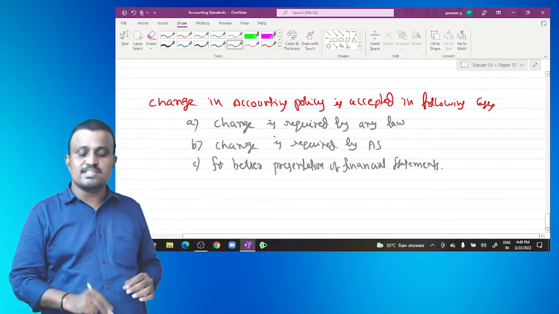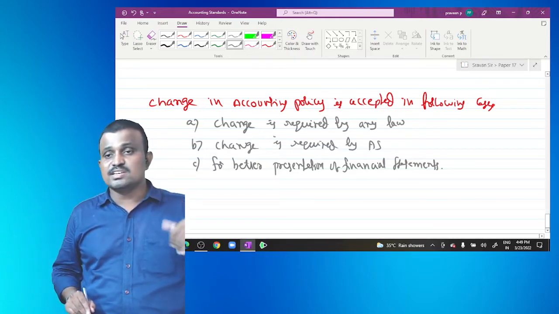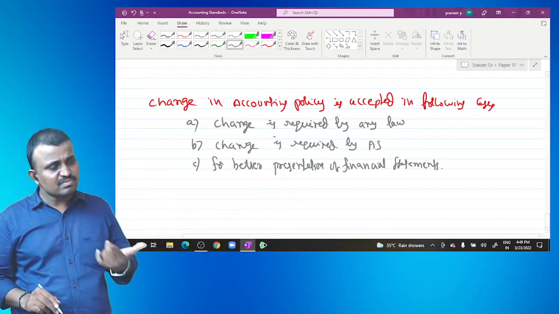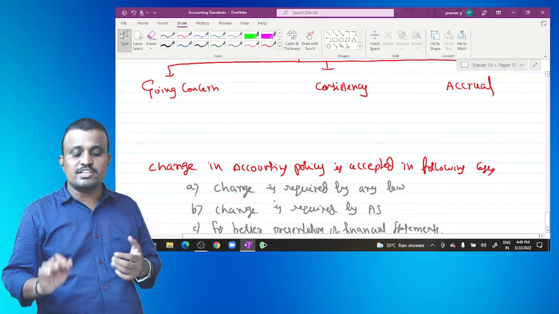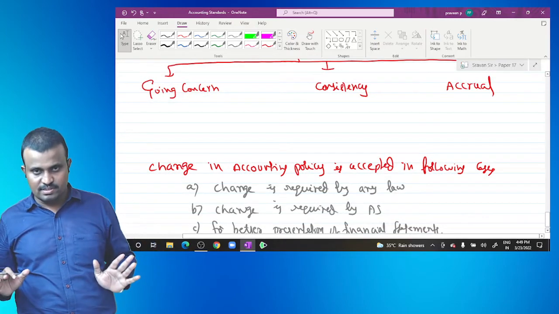In these three cases only, accounting policy can be changed. In the remaining areas, change in accounting policy is not accepted.